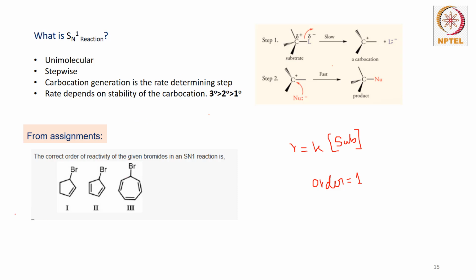Okay. So here, if we remove the bromide from the system, we will get how many pi electrons? 2. By this one we will get how many pi electrons? 4.